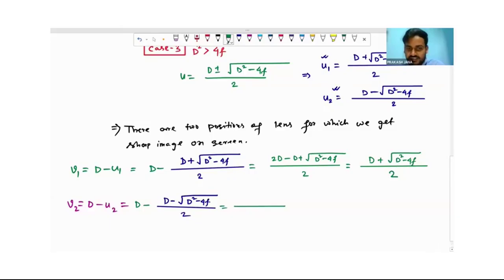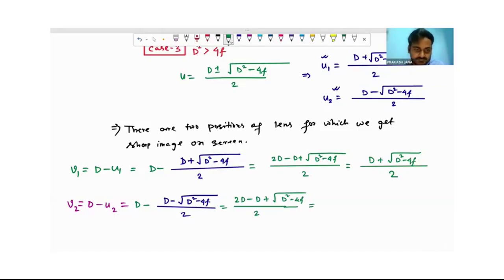What will it give? In the denominator it will be 2, and in the numerator I am not calculating it again. You calculate it. It will be 2d minus d plus root of d squared minus 4f.